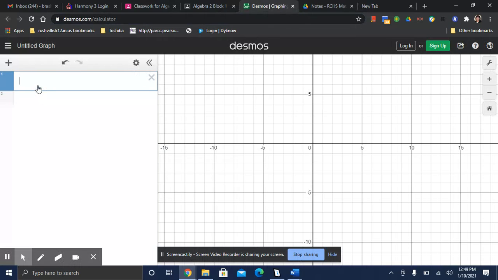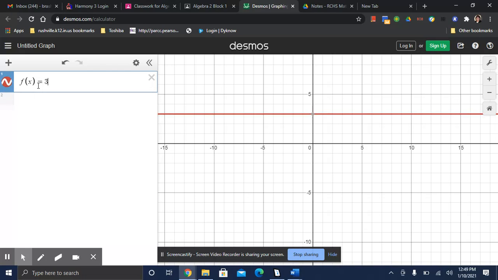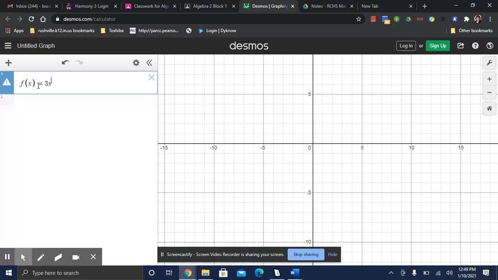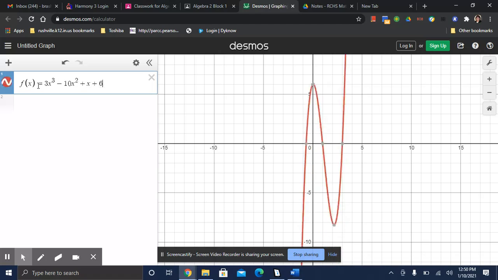And you may type in f of x or y equals. You can do either one. Your equal sign and then it was 3x. Now to get an exponent, you can do Shift 6 and then type in your exponent 3. And then when you type your next term, it was minus 10x, and then Shift 6 again, squared. And then we had plus x plus 6.